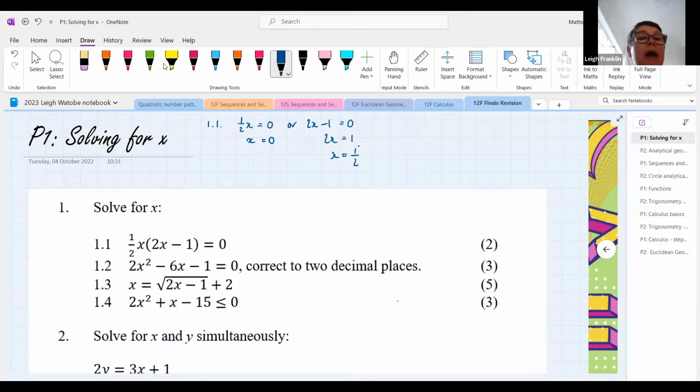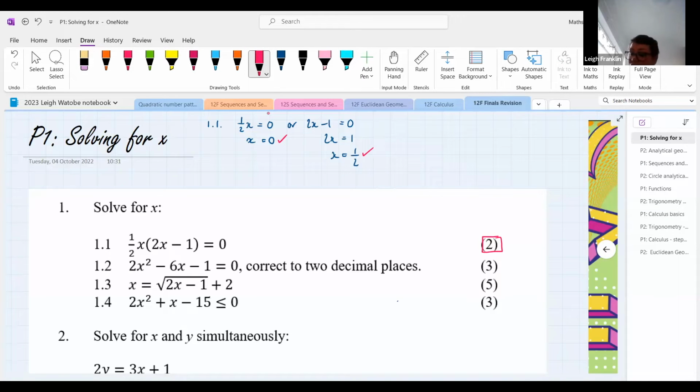So that's why we would have 2 answers here. Either x is going to be equal to 0, or x is going to be equal to a half. So the 2 marks that they are allocating for this question will be on the answers only, just like that. Okay, so check to see.